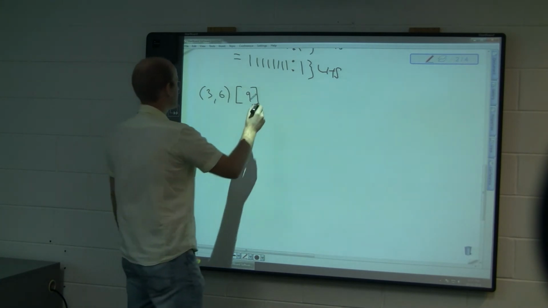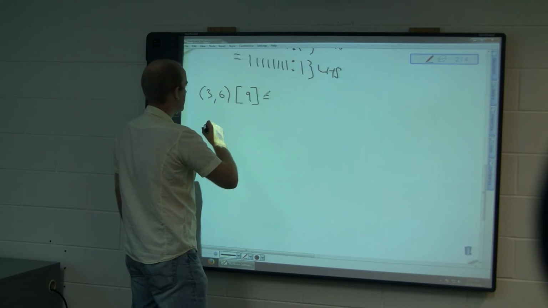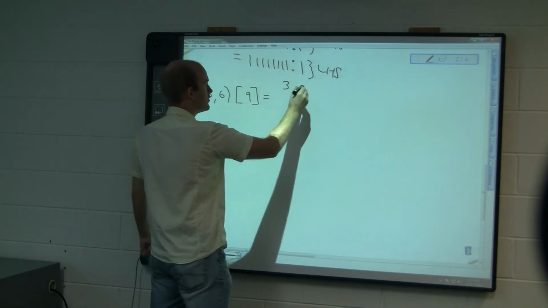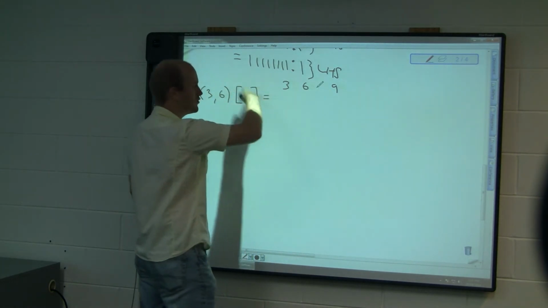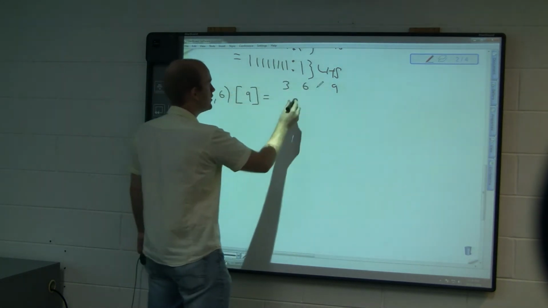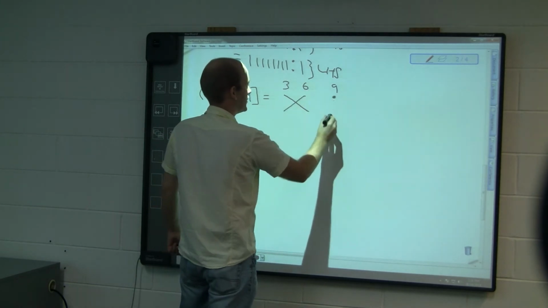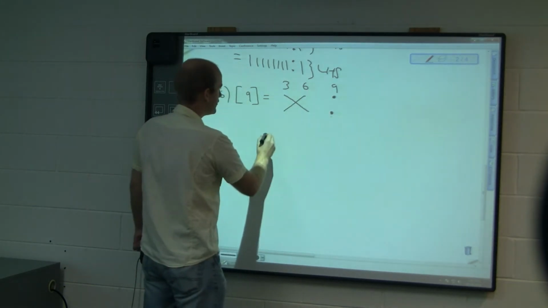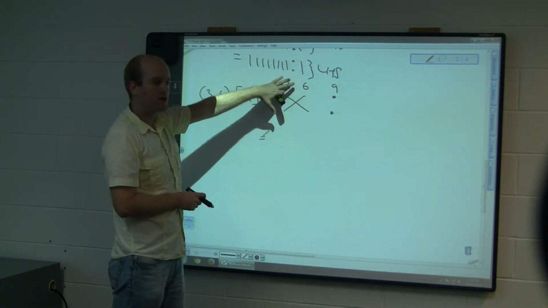Now, let me draw that as, I'm going to ignore all the points apart from 3, 6, and 9, because they'll just be straight lines in here, doing nothing. So 3 and 6 get swapped, and 9 stays the same. And I'm going to try and write this whole thing as a product of 2 trails.